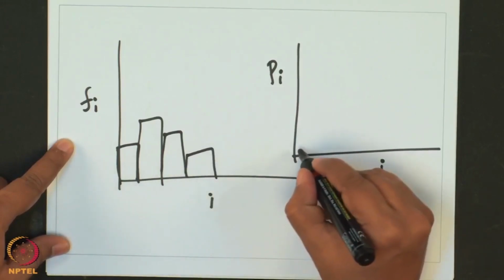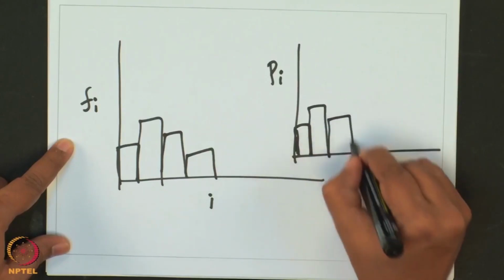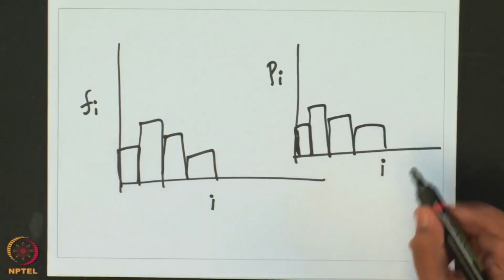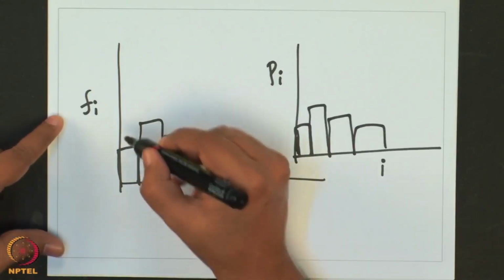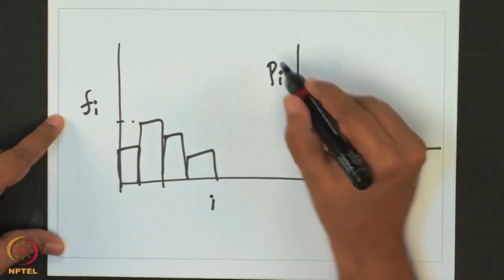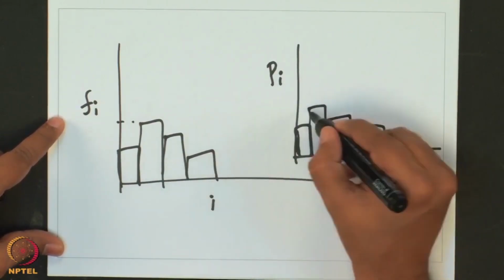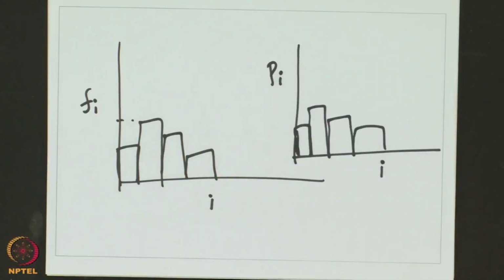It would look very similar, just that the y-axis numbers have changed. Whatever the number here, it would be divided by some constant, which is the total. So this would look very similar, but the y values are changed.